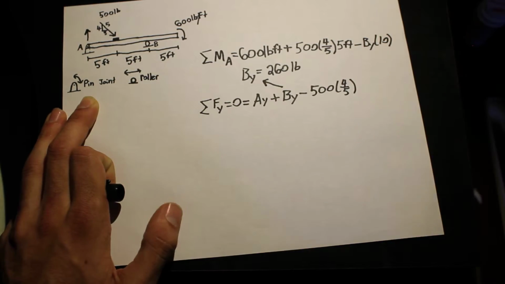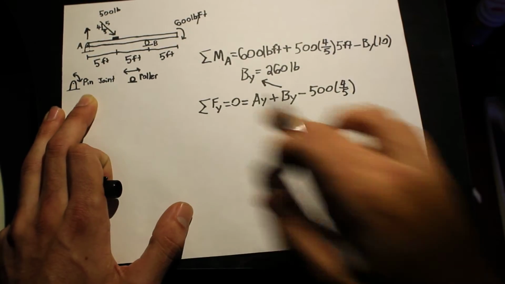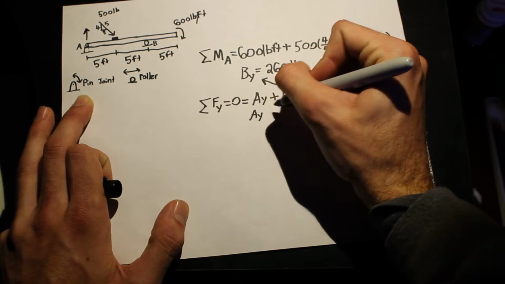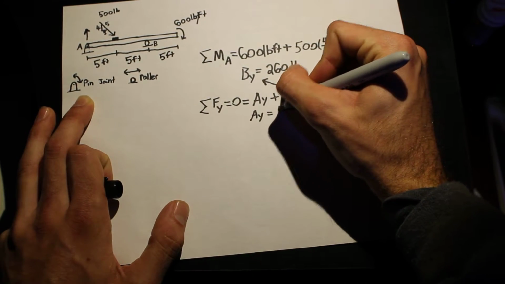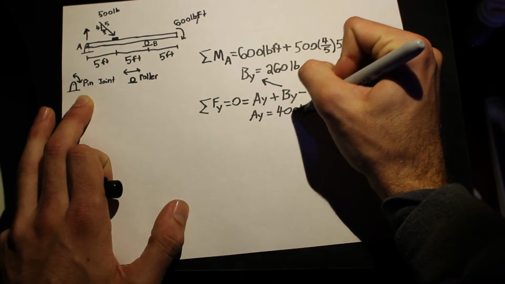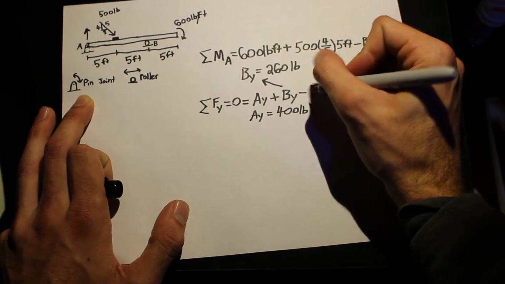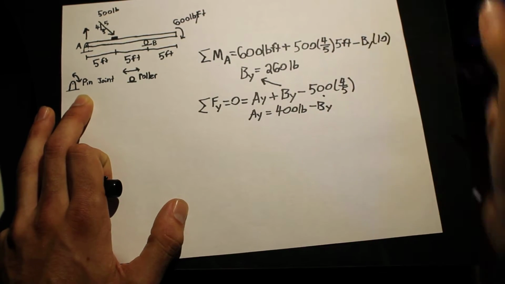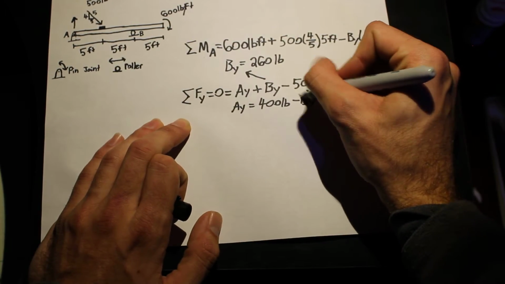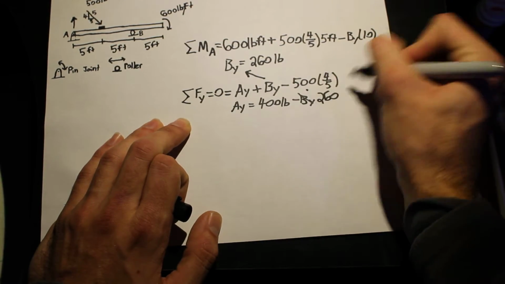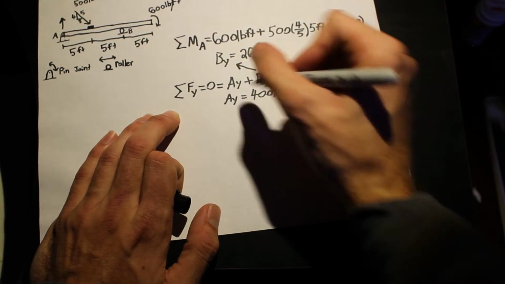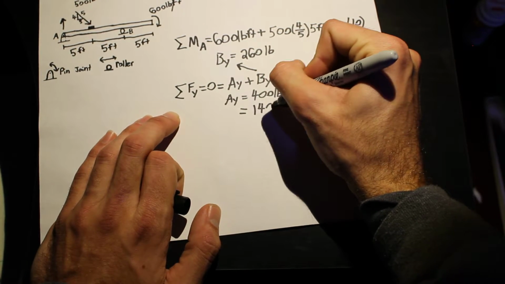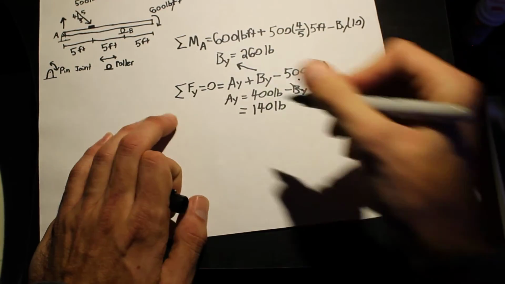When we're finding these forces, we don't have to get the moment because this is just all the forces in the y direction. So we have Ay is equal to 400 pounds from this 500 right here minus By. And we know By is equal to 260. So that leaves us with 400 minus 260, and Ay is equal to 140 pounds.